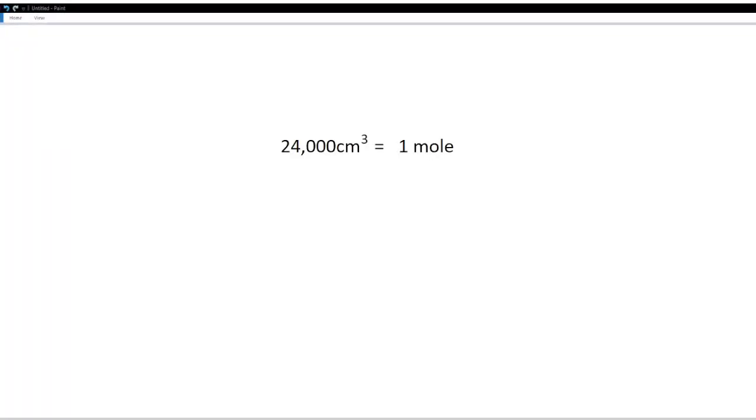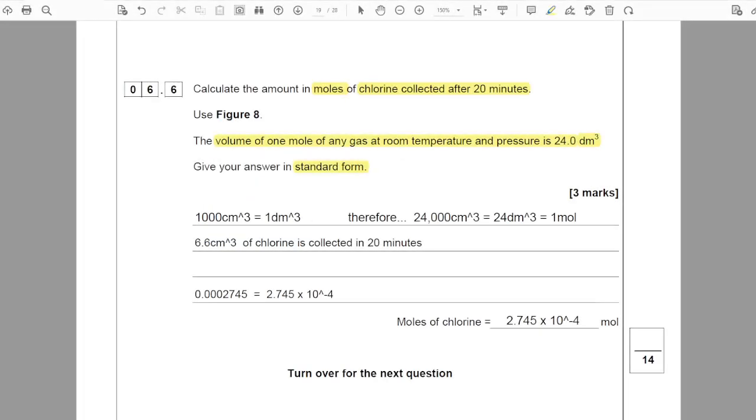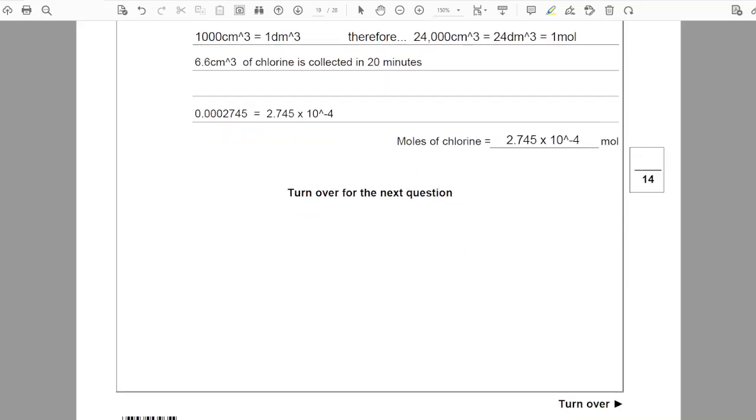So if 24,000 centimeters cubed is 1 mole, and we have 6.6 centimeters cubed, to find how many moles that is, we can divide by 24,000 and then times by 6.6, or we can simply multiply by the fraction 6.6 over 24,000. And finally, put your answer into standard form. You should have 2.75 times 10 to the minus 4 moles.